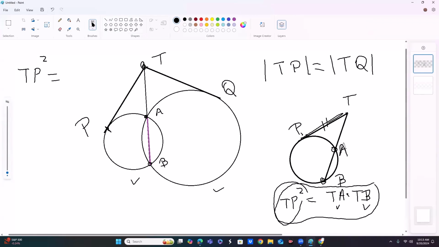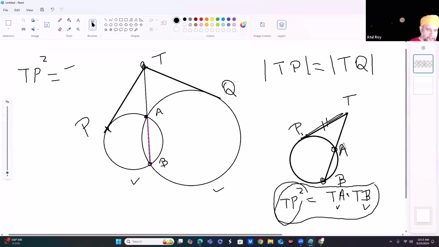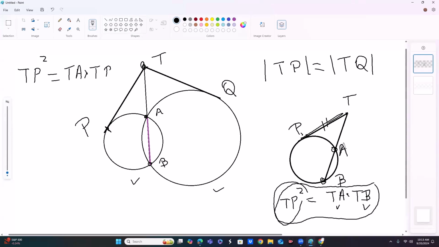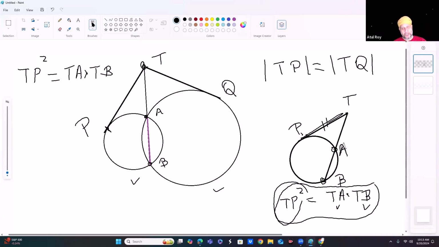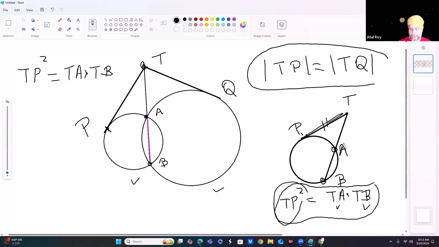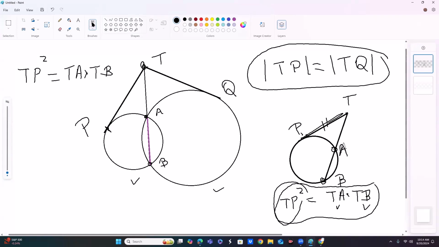Very good. So this is TA times TB, correct? Now what do we have to prove? We have to prove this, right? Am I clear?